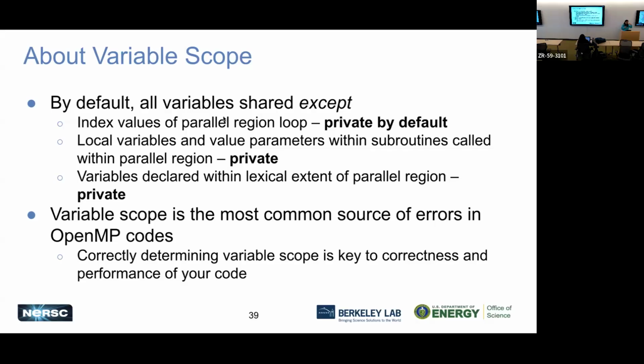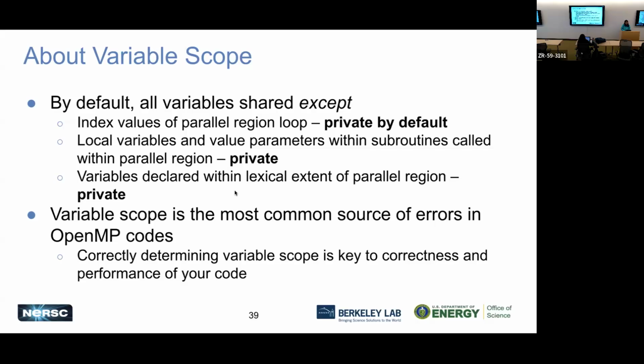Within the lexical extent, the compiler can work out the actual private or shared status of these variables. So variables declared within the lexical extent of the parallel region are also private.